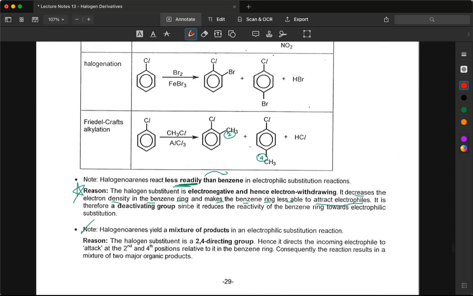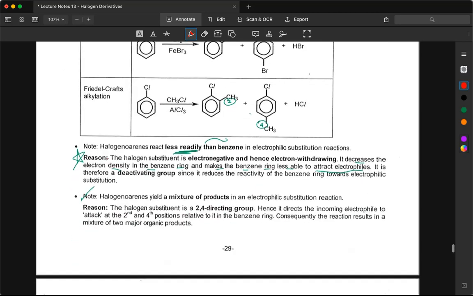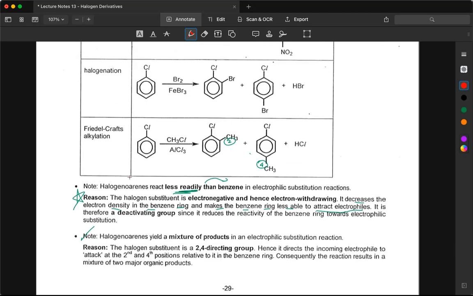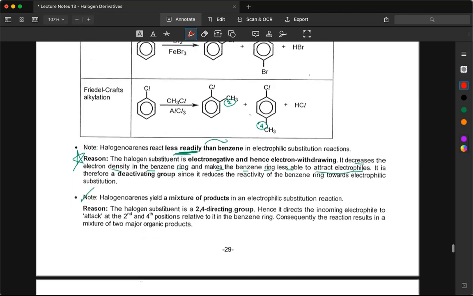Halogenoarenes react less readily than benzene in electrophilic substitution. The halogen substituent is electronegative and electron withdrawing, so it decreases the electron density in the benzene ring and makes the ring less able to attract electrophiles. It is therefore a deactivating group.